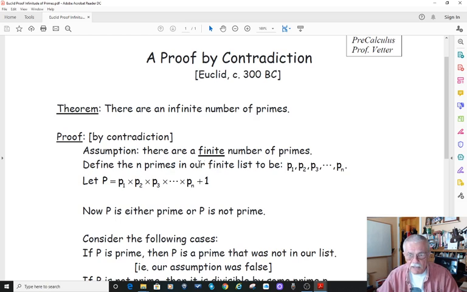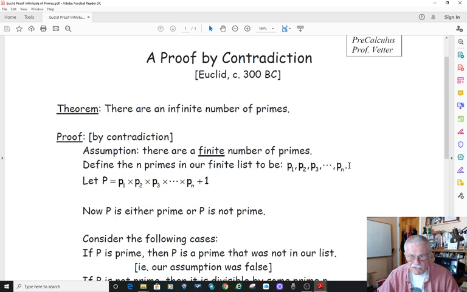Define the n primes in a finite list to be P1, P2, P3 up to P sub n, and construct some number P equal to P sub 1 times P sub 2 times P sub 3, and so on, times P sub n, plus 1. So, in other words, Euclid assumes there are n primes, a finite number, whatever n might be.